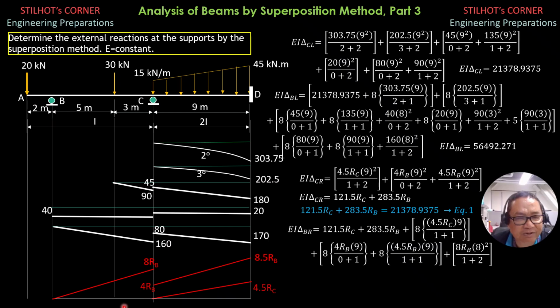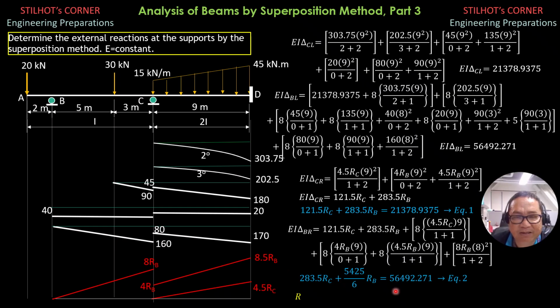That's deflection due to this moment at the wall at C. So combining and simplifying and equating to 56,492.271, we have 283.5 RC plus 5425 over 6 RB equals 56,492.271. Call that equation 2.